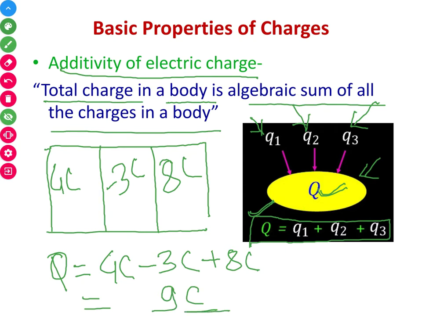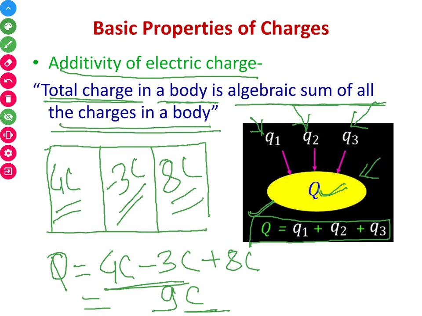So this is the additivity of electric charge. Electric charge can be added, and can also be subtracted, because if the charges are of opposite sign, then they are subtracted like this, otherwise they can be added.